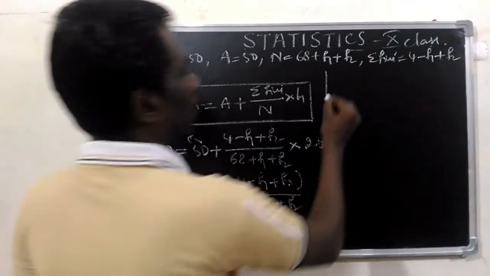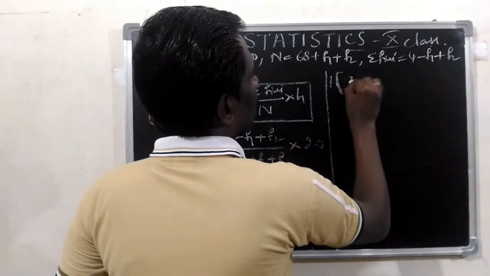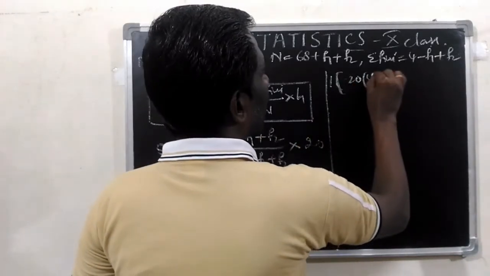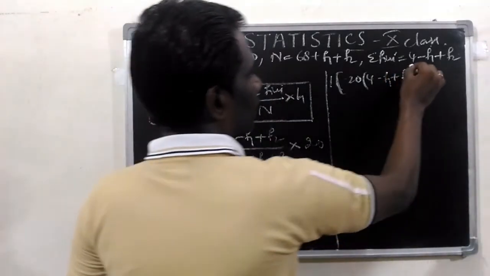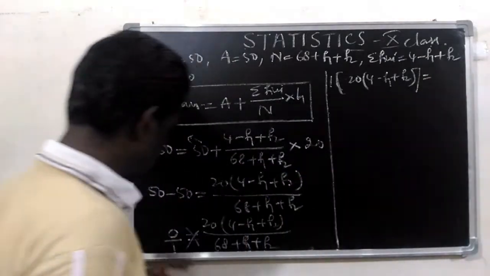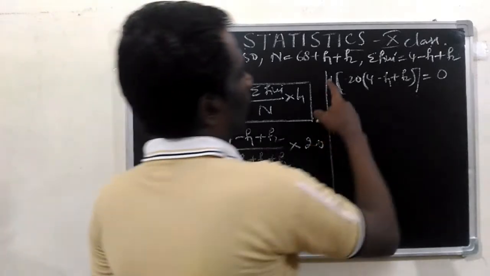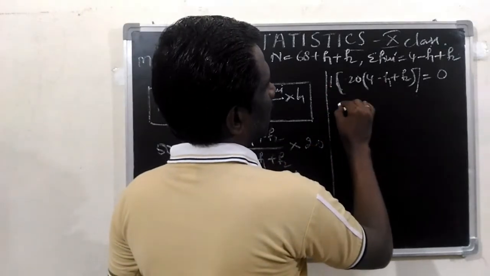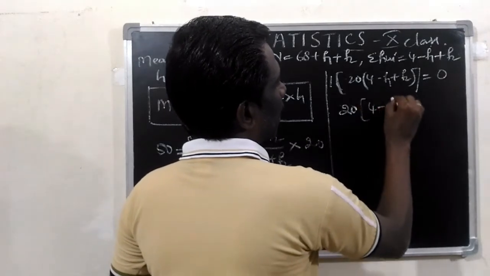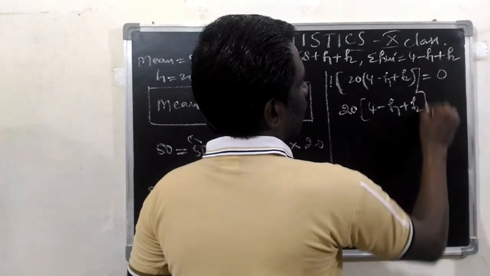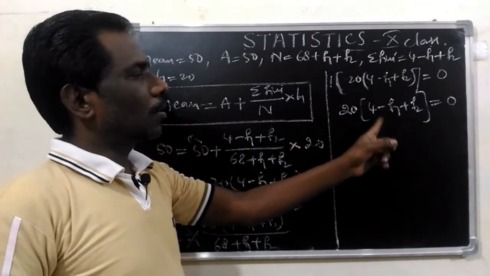So 1 into 20 into 4 minus f1 plus f2 is equal to 0 into anything, which is 0. And 1 into anything is the same thing, so we get 20 into 4 minus f1 plus f2 equal to 0.